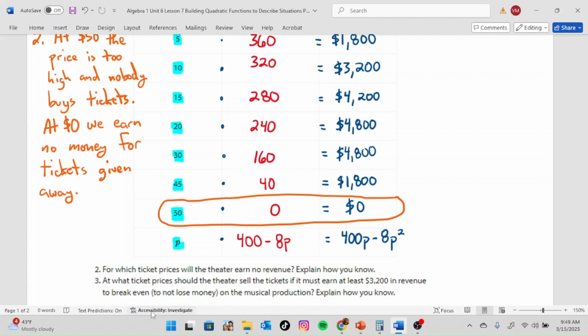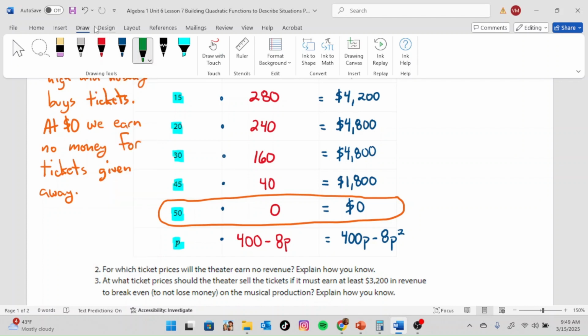And number 3, at what ticket prices should the theater sell the tickets if it must earn at least $3,200 in revenue to break even? And that means to not lose money on the musical production. Explain how you know.